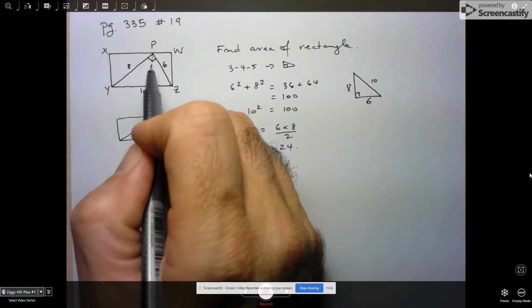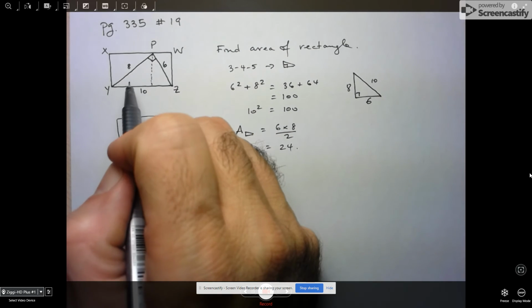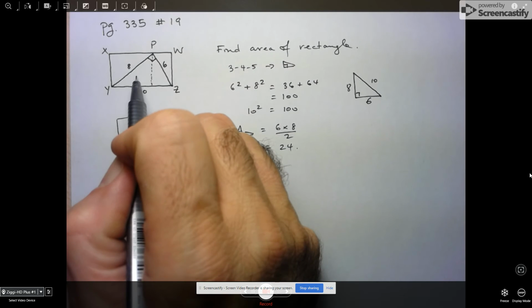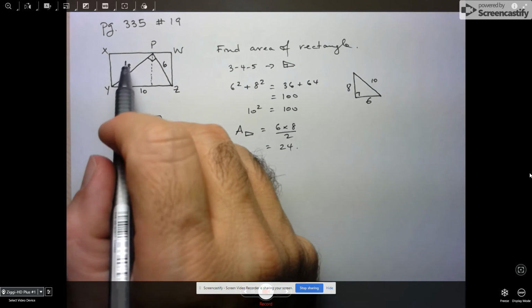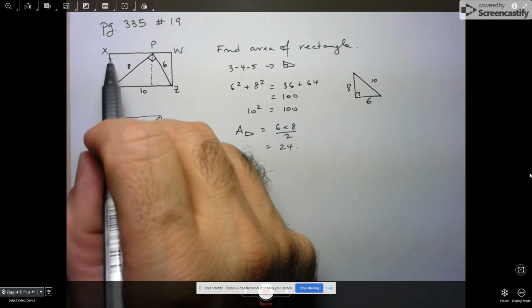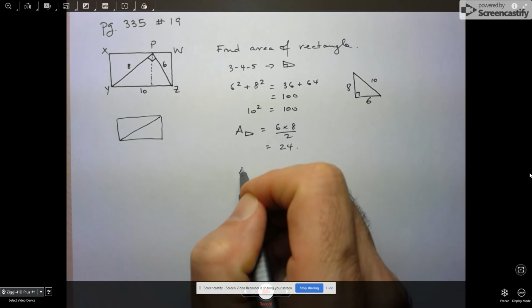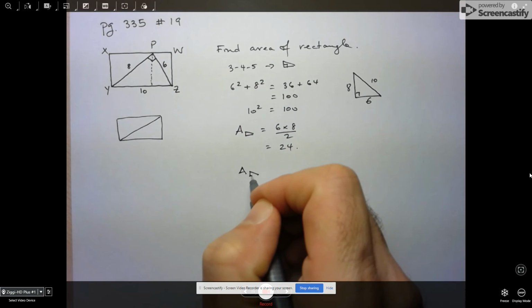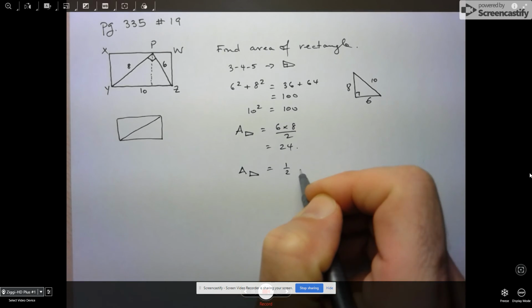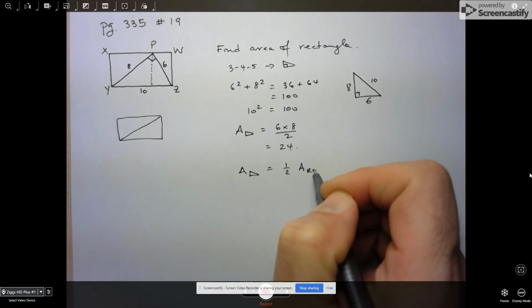This other portion of our right angle triangle is half the area of the full rectangle there. So what we can say is that the area of the triangle is equal to 1/2 the area of the rectangle.